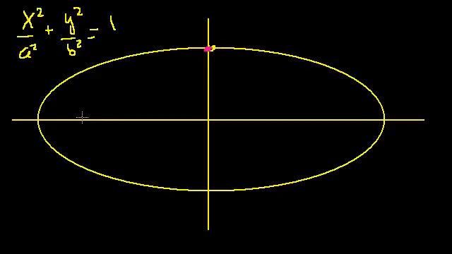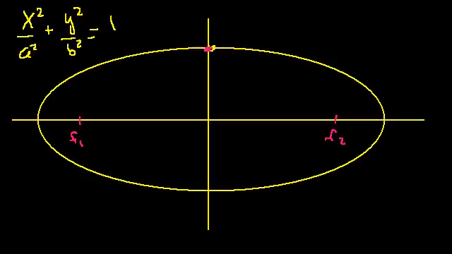Now we said that we have these 2 foci that are symmetric around the center of the ellipse. This is F1. This is F2. And we've already said that an ellipse is the locus, or the set of all points, that if you take each point's distance from each of the foci and add them up, you get a constant number. And we figured out that constant number is 2A.